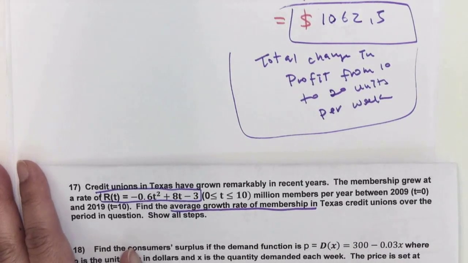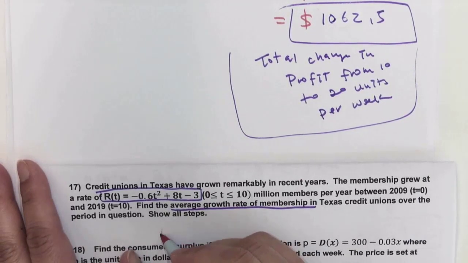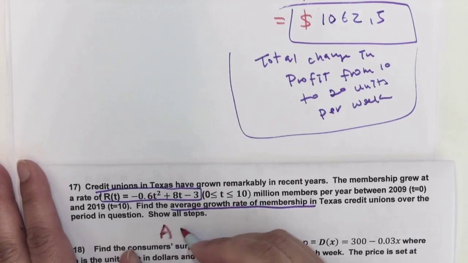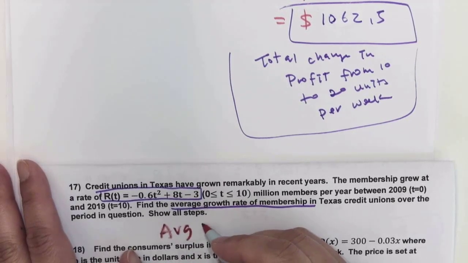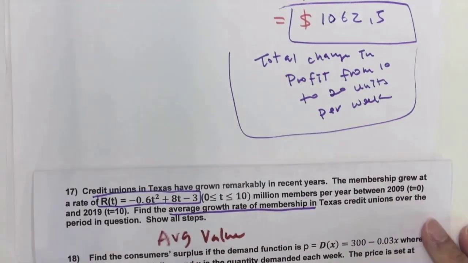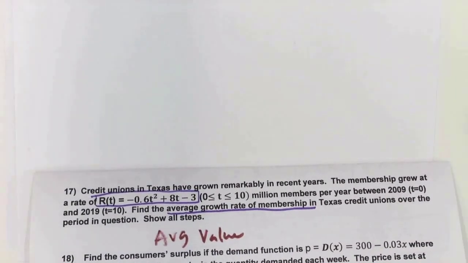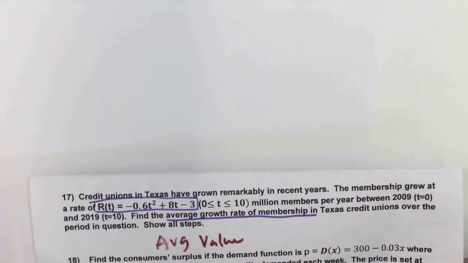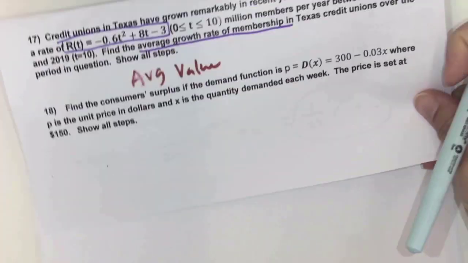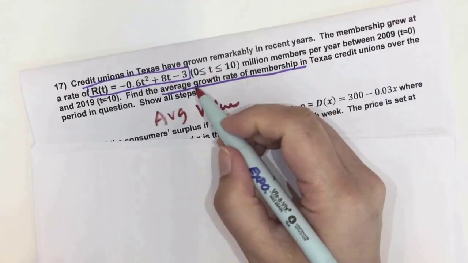Show all the steps. This question is asking you to find the average value. So the average value formula we talked about last time, we're going to need to use that formula. This formula will be provided to you on the test. You just need to recognize that's what they're asking when they talk about average growth.